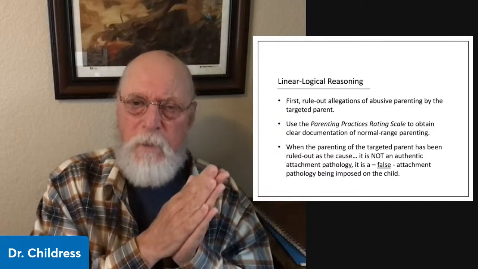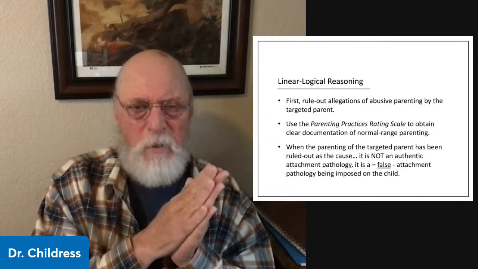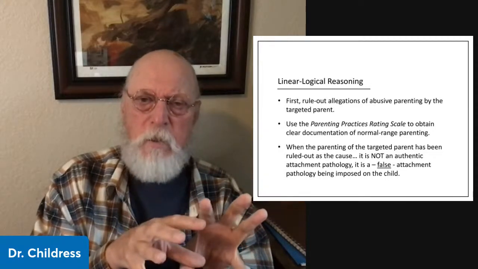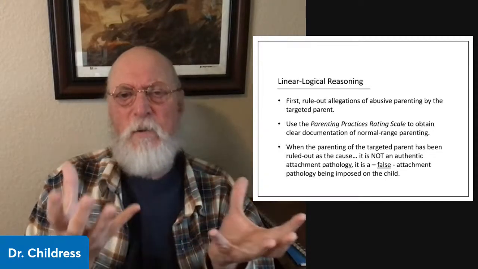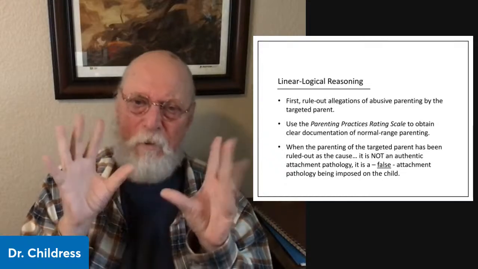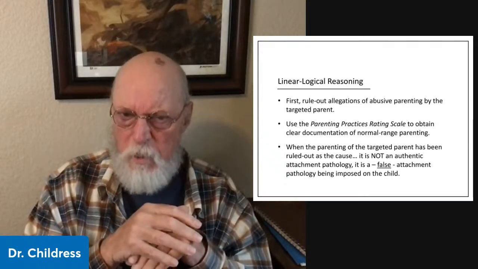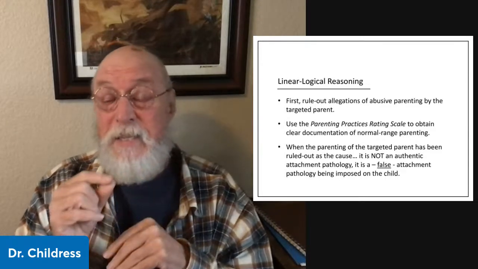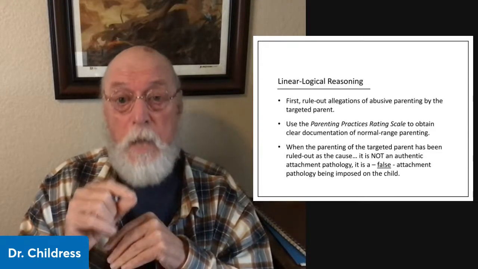The moment you get them to say that, and the Parenting Practices Rating Scale is great on that, ask them, okay, then tell me, where am I in this? And at worst, they're going to say you're at level 3. There's some problems with you. You're a little too controlling, but it's normal range on that. The moment they put you normal range, then it is not a true attachment pathology.